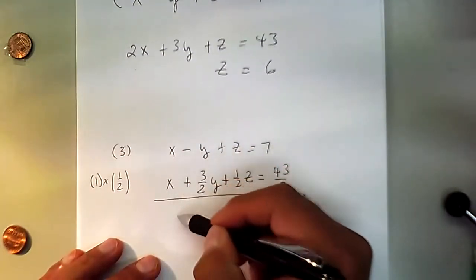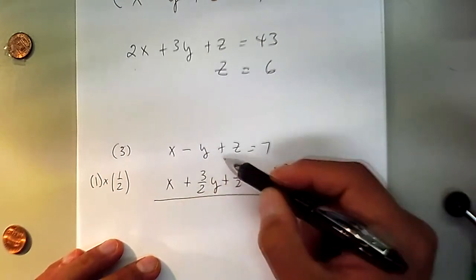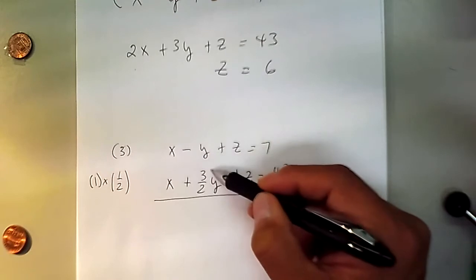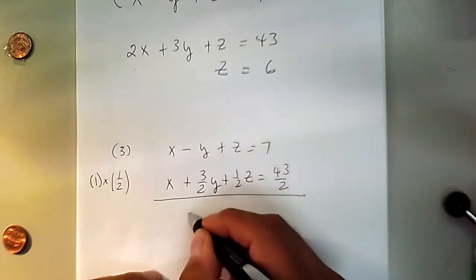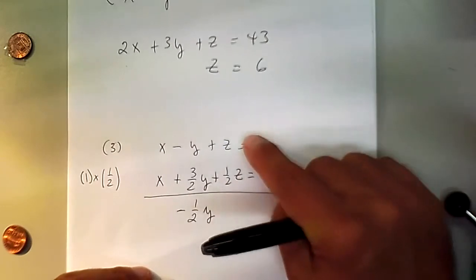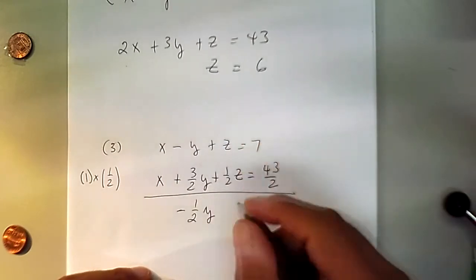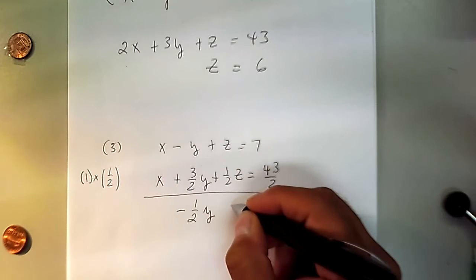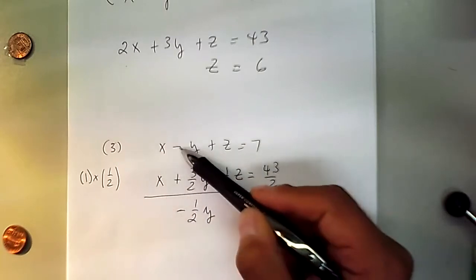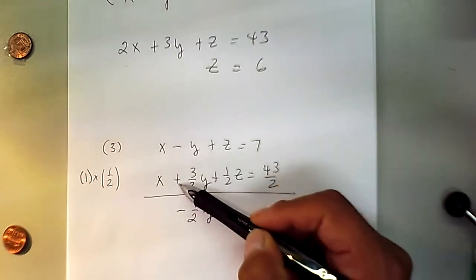x minus x, no x, that was the whole point. 1y minus 3 halves y, that is negative half y. 1z minus half z. Wait a minute, I almost fell for this again. x minus x is no x. Negative y minus 3 halves.